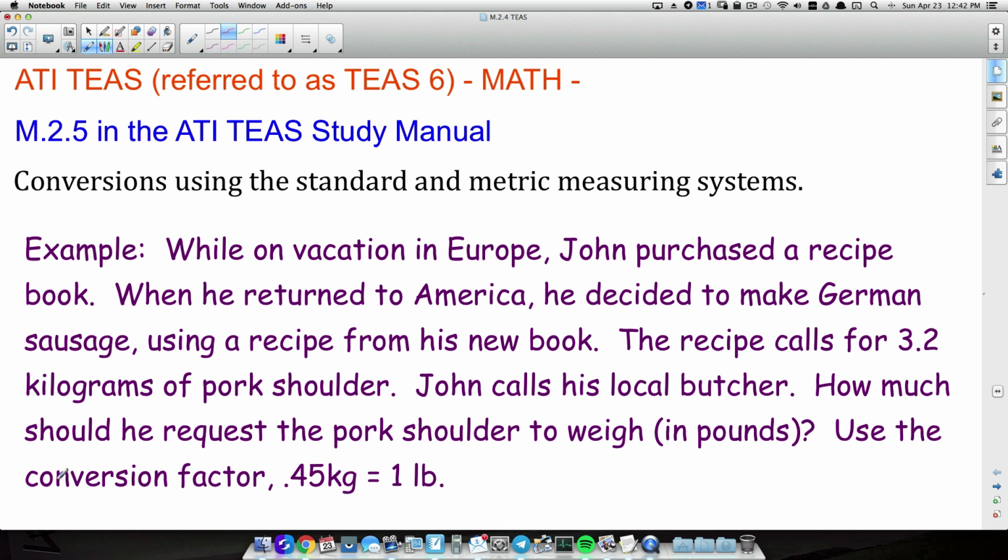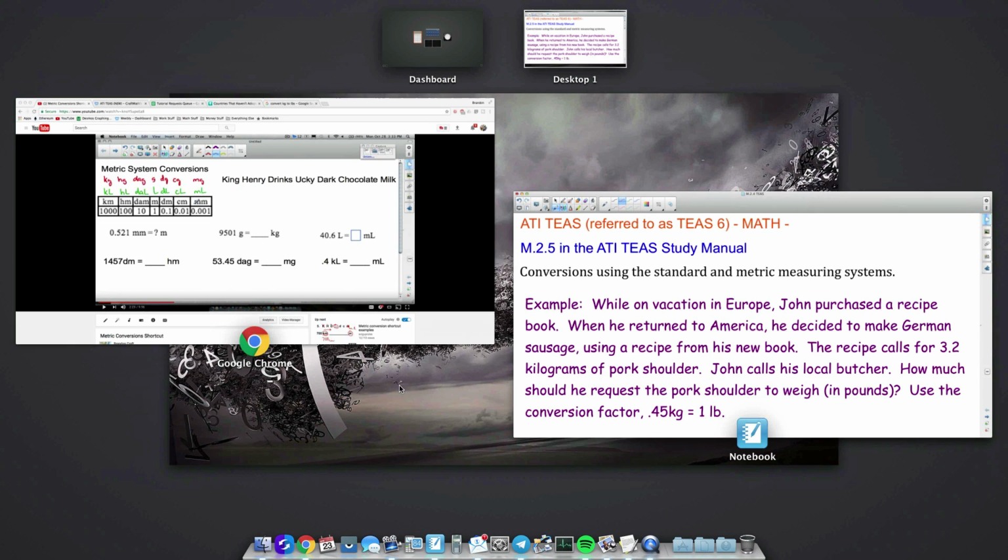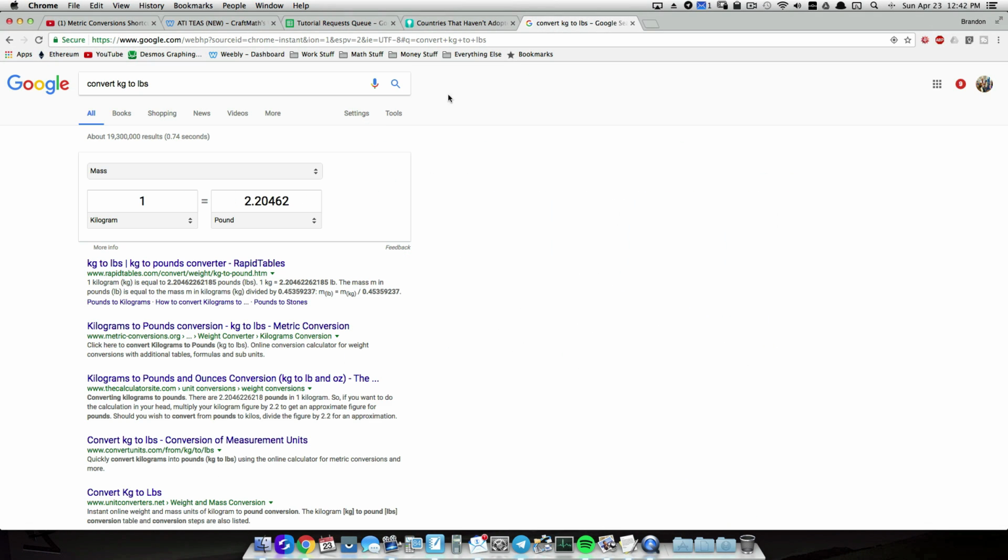We want to use the conversion factor 0.45 kilograms equals 1 pound. To show that to you, and we're going to come back and check our work in a minute, let's reverse this around with a quick Google search. You can type convert pounds to kilograms or go the other way. So I'm converting 1 pound, and the conversion is roughly 0.45 kilograms.